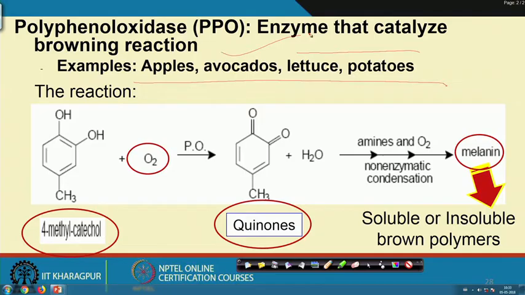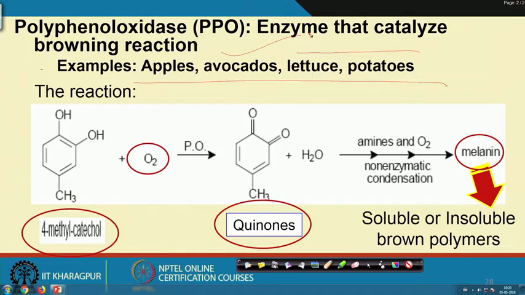So what happens in that enzymatic browning? I could not show you because of the time constraint, but this enzymatic browning is an oxidation under a free radical mechanism.